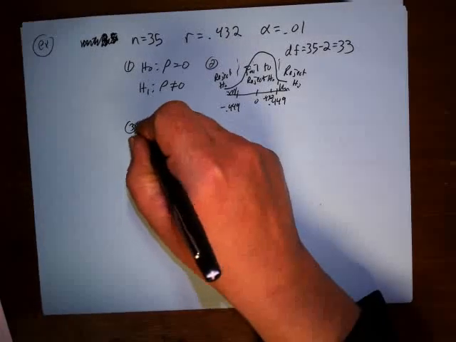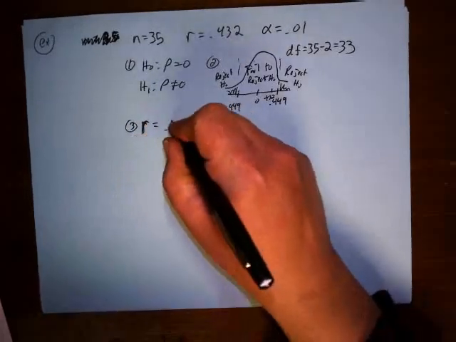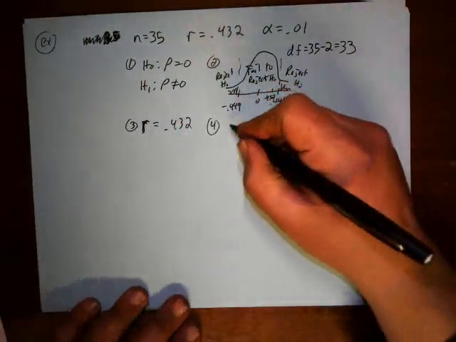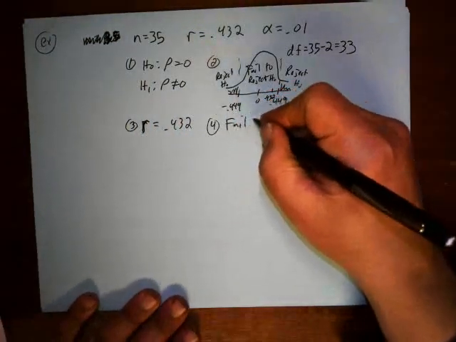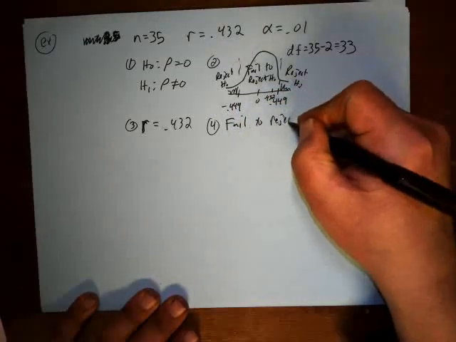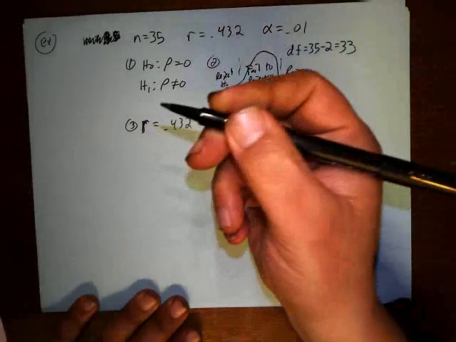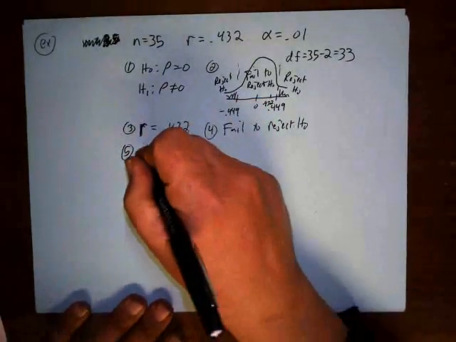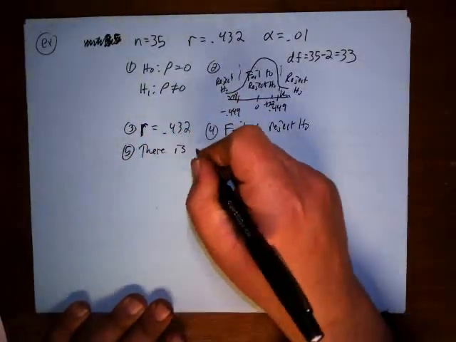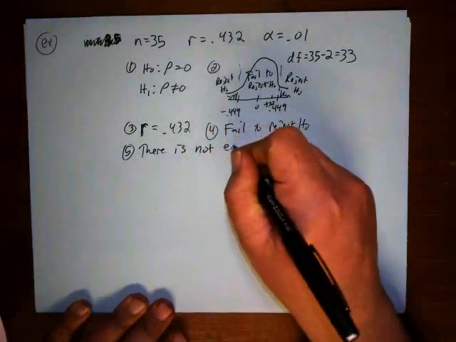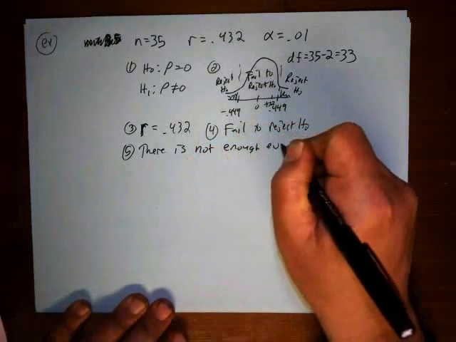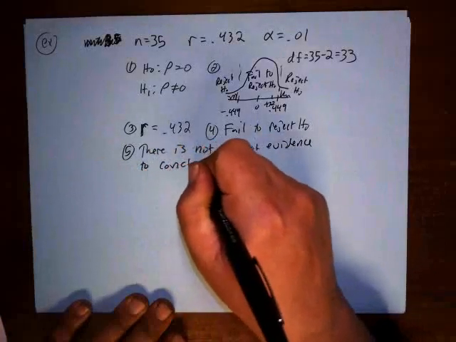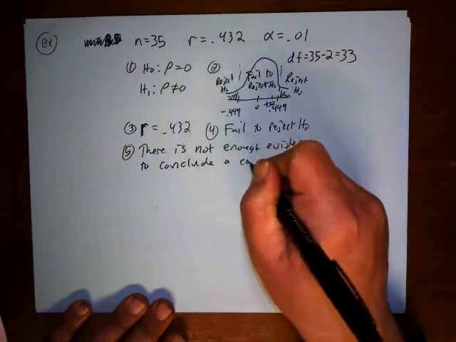My test statistic is R, remember, 0.432. And so that means I'm going to fail to reject H naught, and that means there is not enough evidence to conclude a correlation.